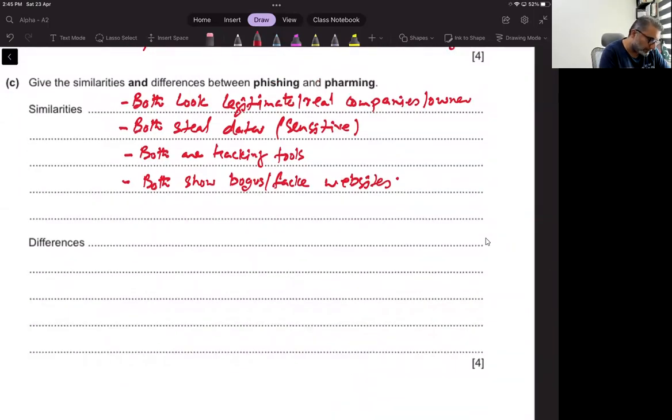Differences. Phishing is done through email and based on clicks.